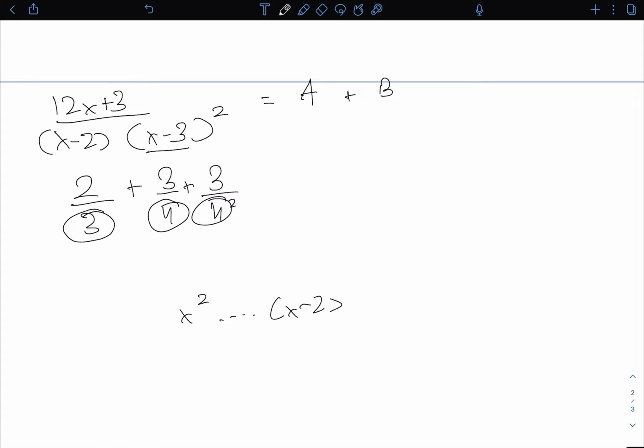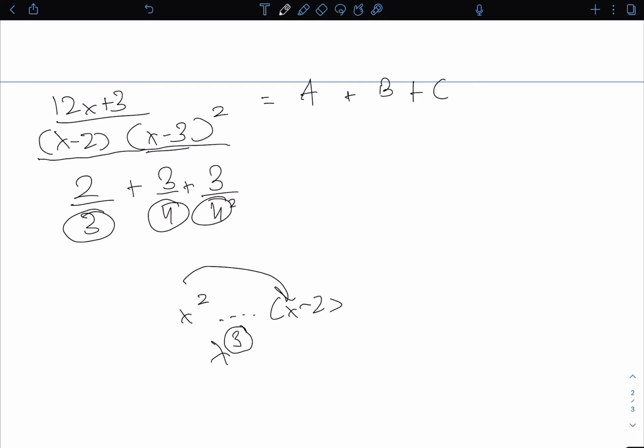So the total power of x in the denominator will be x to the power 3. This power will tell you how many partial fractions you will have to make. So we'll have to make 3 partial fractions.